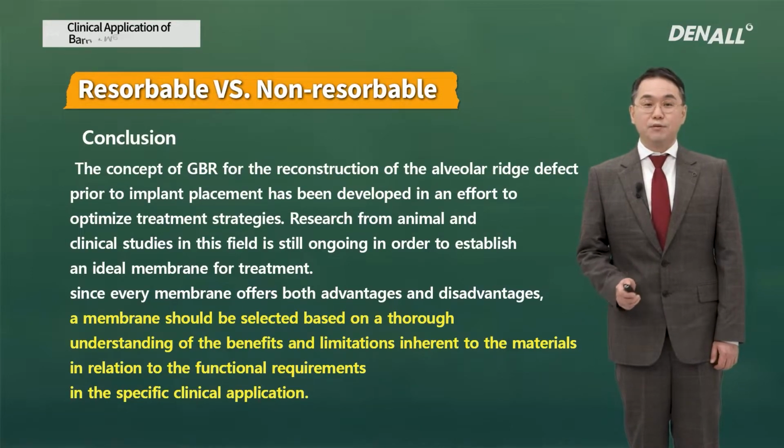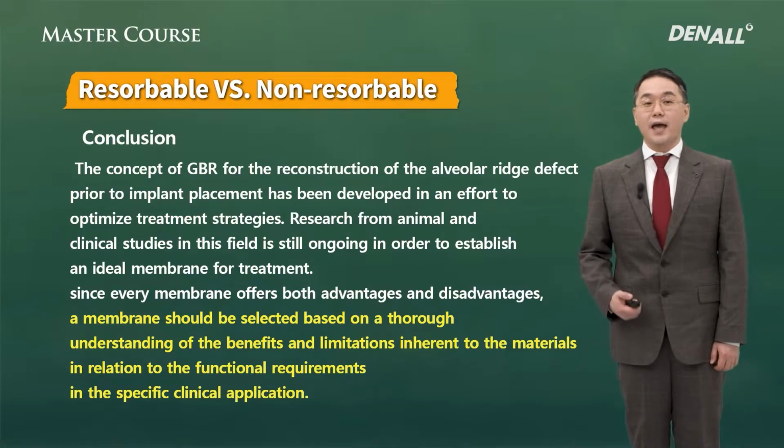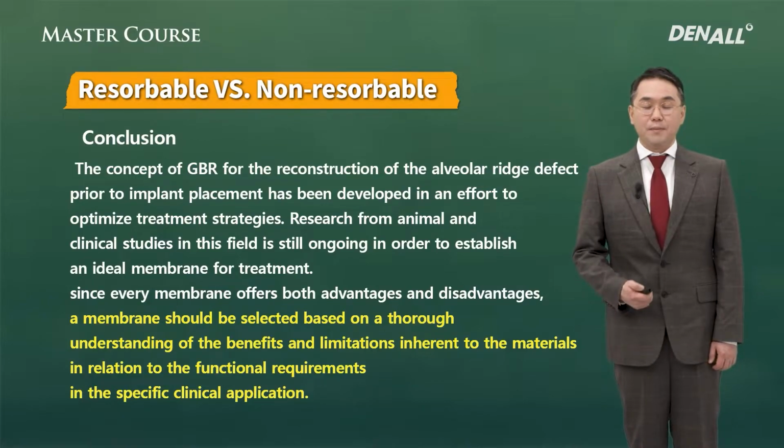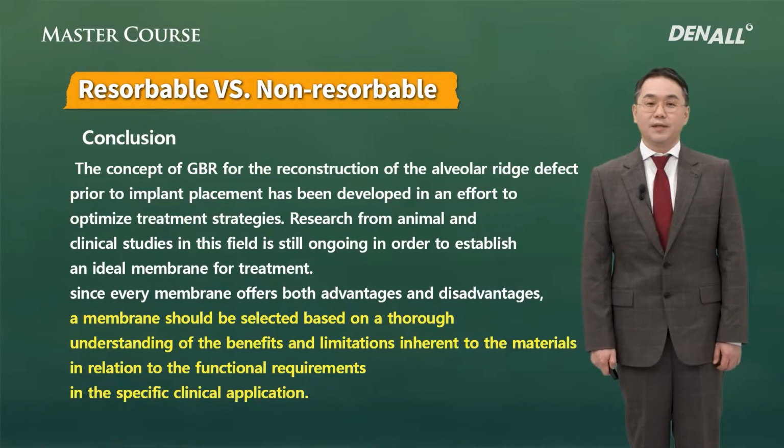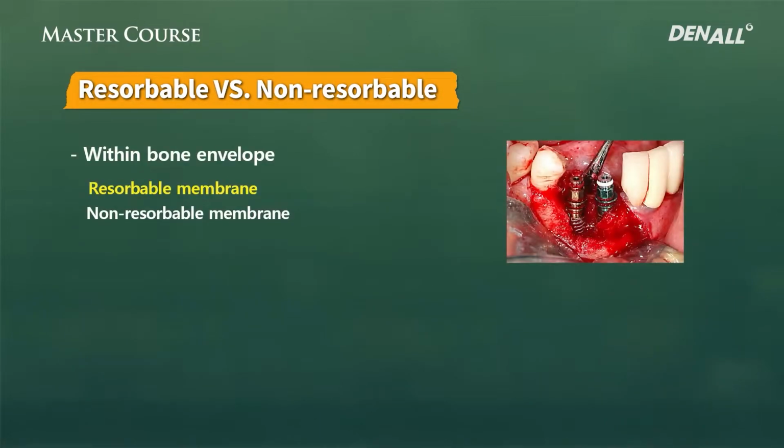Resorbable and non-resorbable membrane characteristics and benefits need to be understood so that appropriate membrane can be chosen for an appropriate clinical situation. This is my clinical know-how. When an implant is placed within bone envelope, as you can see in the photo, I use a resorbable membrane.